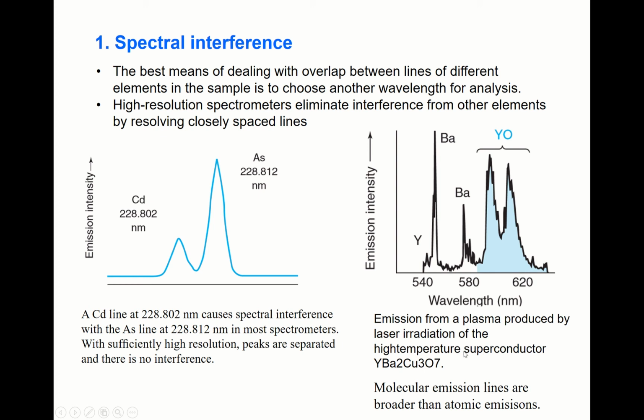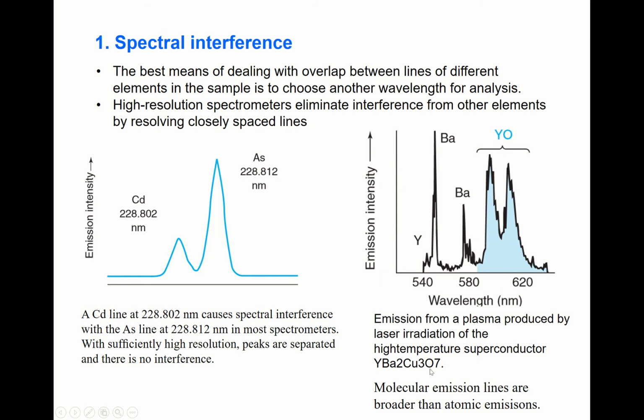Superconductor means that below a certain temperature, the resistance becomes absolutely zero. A superconductor is a material that doesn't have any resistance.